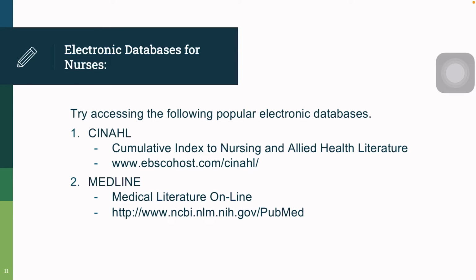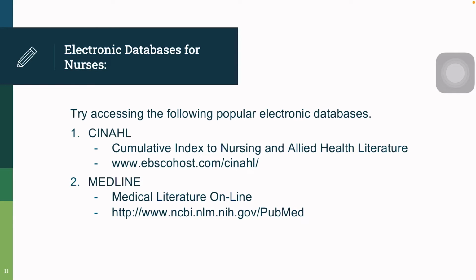In some databases, we also have wildcard symbols. Wildcard symbols are often your question mark or your asterisk as well. It is inserted in the middle of a search term. It permits a search for alternative spellings.